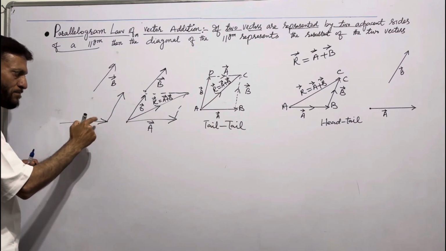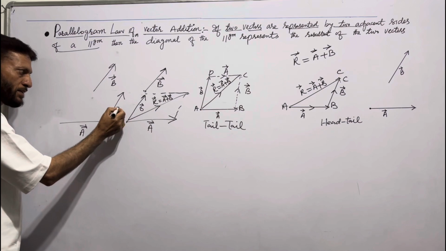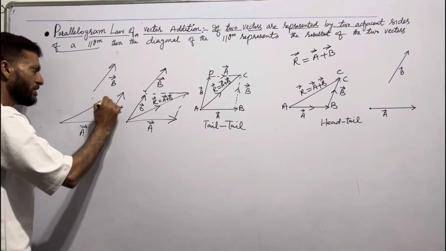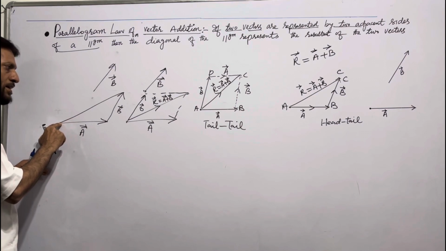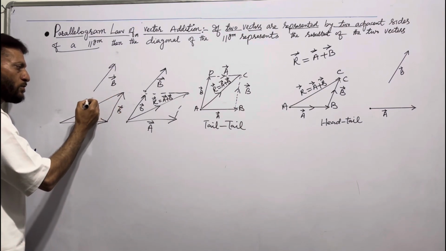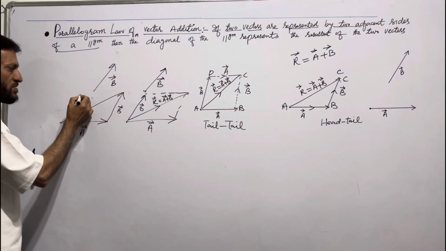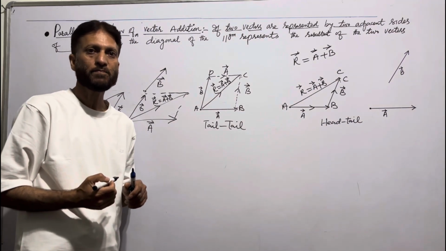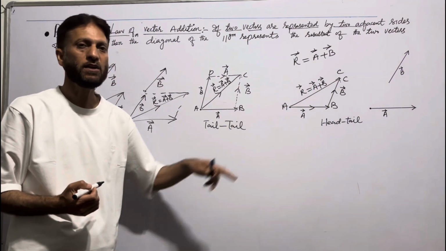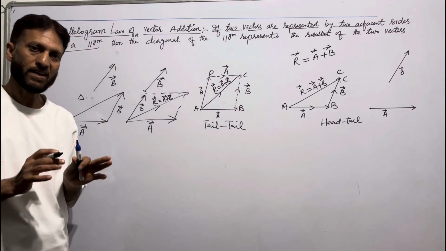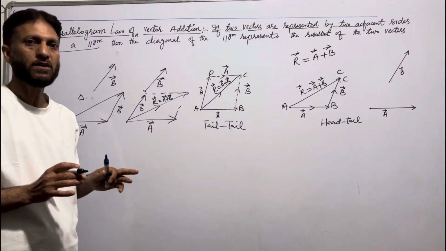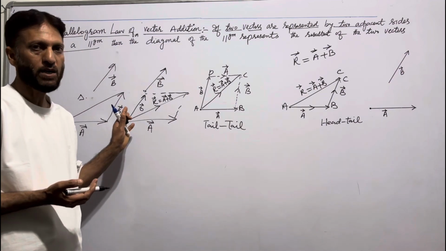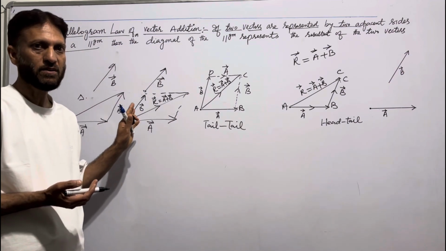In this case, I have joined tail of vector B with the head of vector A. Now I will join tail of vector A with the head of vector B, and I will use this triangle law. When the vectors are joined head to tail, then use triangle law. When the vectors are joined tail to tail, then we use parallelogram law. Both the laws will give same result.